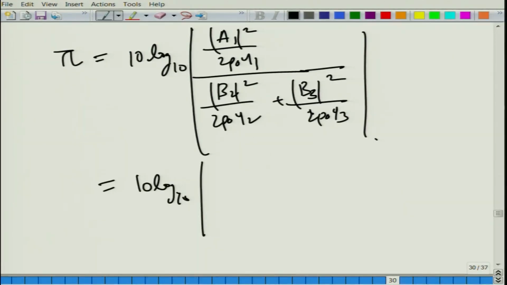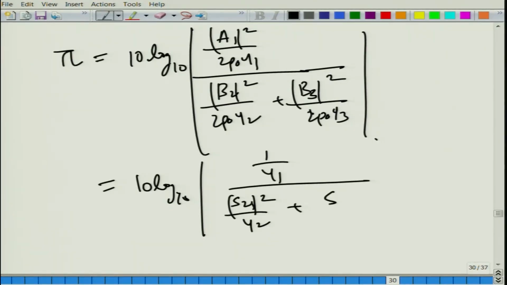So, 1 by Y1 and S21 mod square by Y2 and S31 mod square by Y3. This is the transmission loss TL1, because 1 is the inlet. By these manipulations you can get the transmission loss for making port 2 the inlet and ports 1 and 3 the outlet ports, and so on.